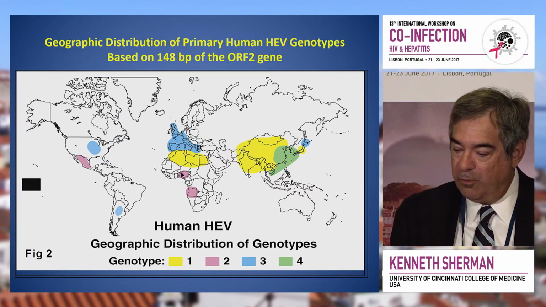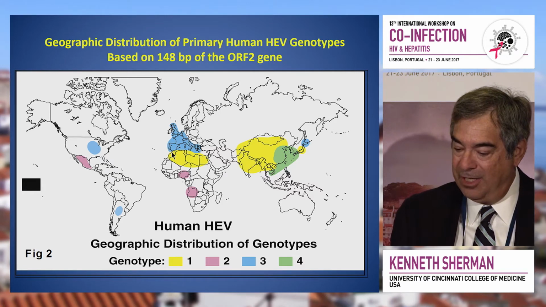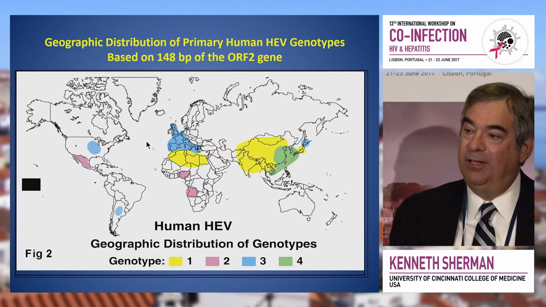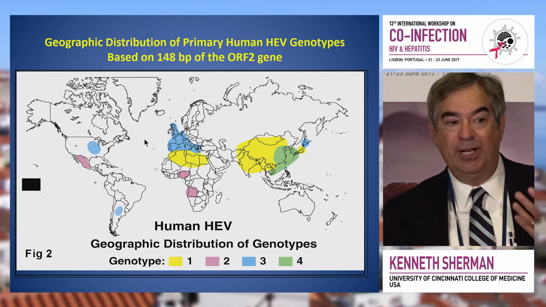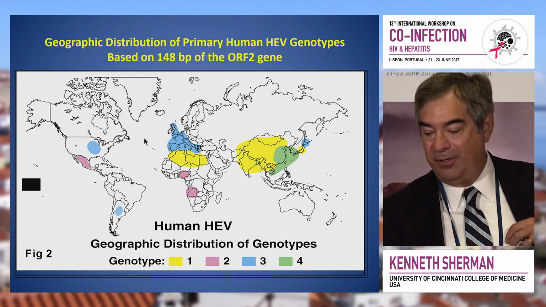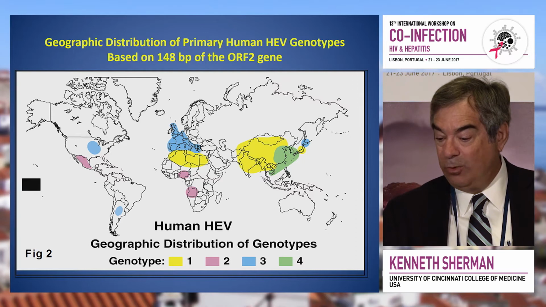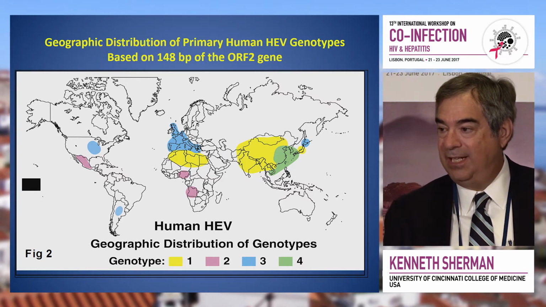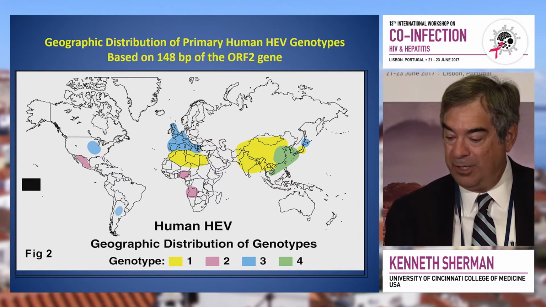So the human forms are clearly somewhat divided by geography and location, and in part it's associated with the presence of either the animal vectors and exposure to those animal vectors through modern farming and eating practices, or it's related to poor sanitation that can be associated with contamination of groundwater.